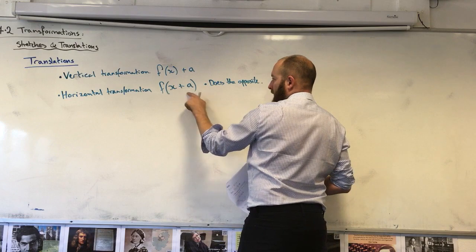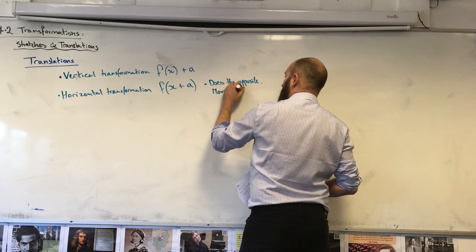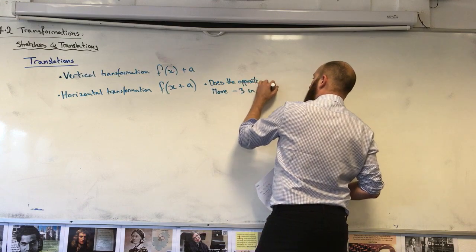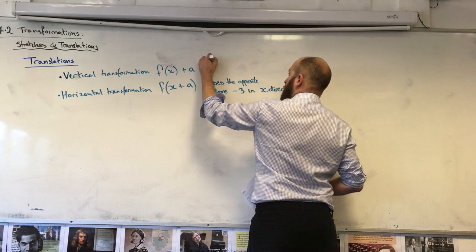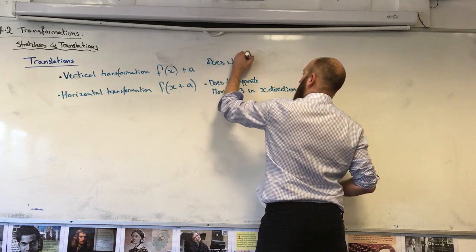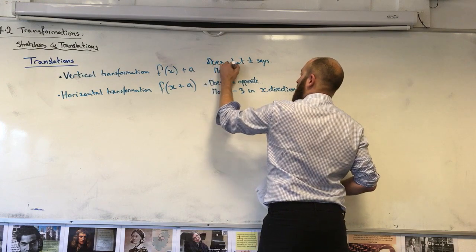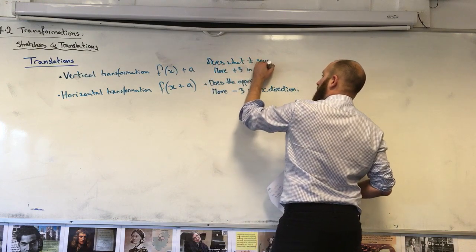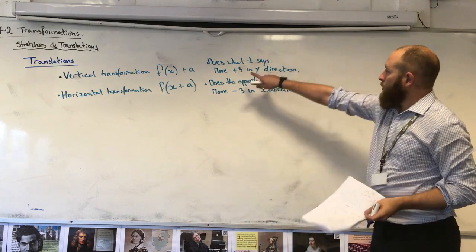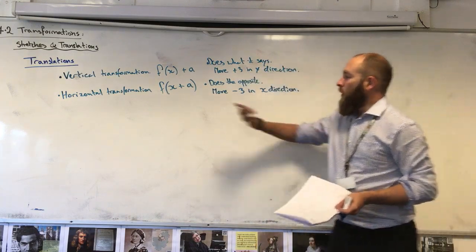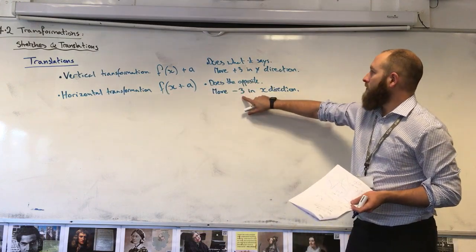So this one would move the function to the left, so minus 3 in the x direction, whereas this one does what it says, so move plus 3 in the y direction. Okay, so it does what it says, move plus 3 in the y direction, whereas the horizontal transformation does the opposite, so we're going to move it minus, I don't know where I got 3 from.